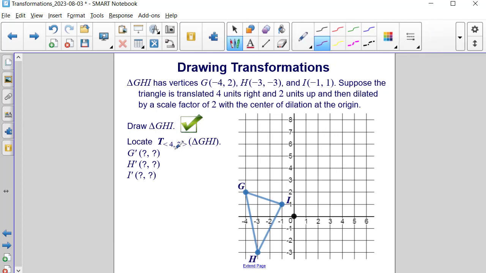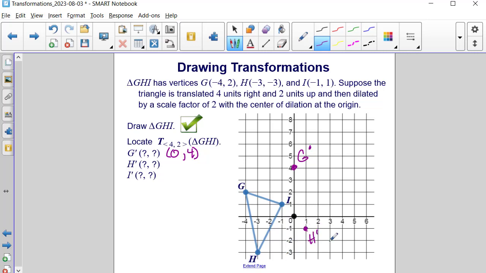Now let's translate it to the right 4 units, in the positive x direction, and up 2 units in the positive y direction. So we can go with point G, 1, 2, 3, 4 to the right and up 2. This will be point G prime, which has coordinates of (0, 4). Point H will be moved 4 units to the right and up 2.